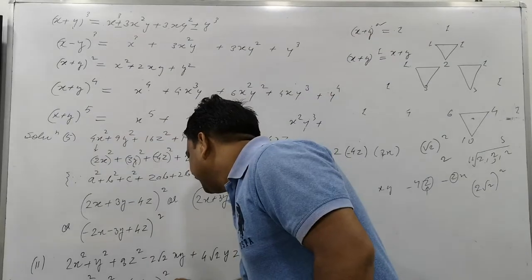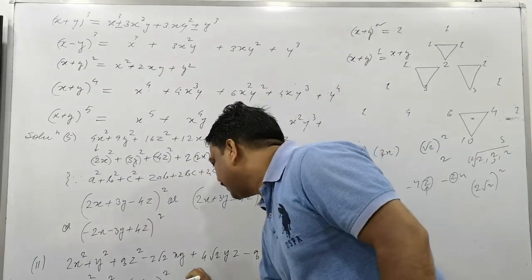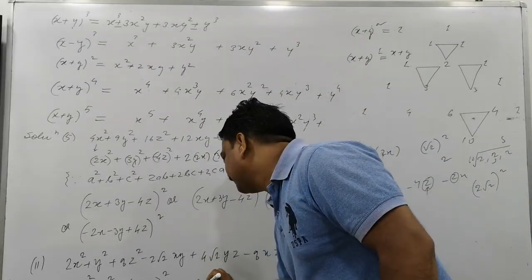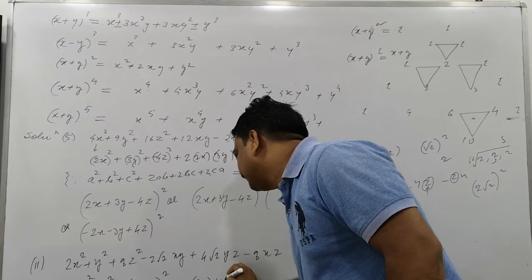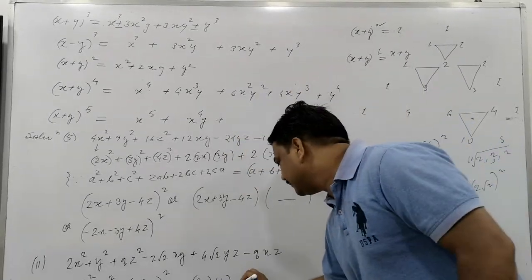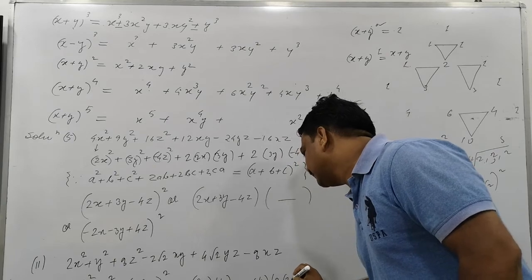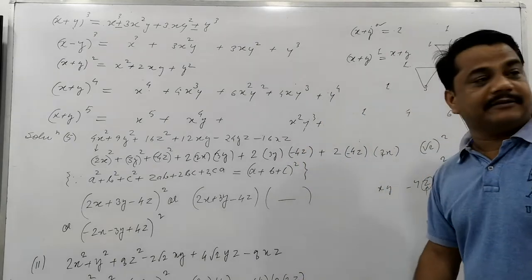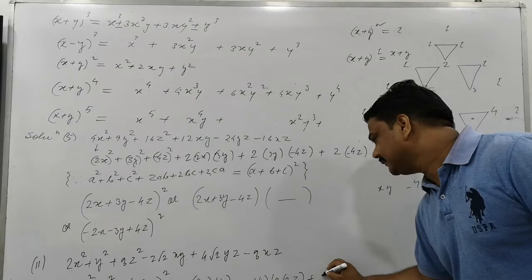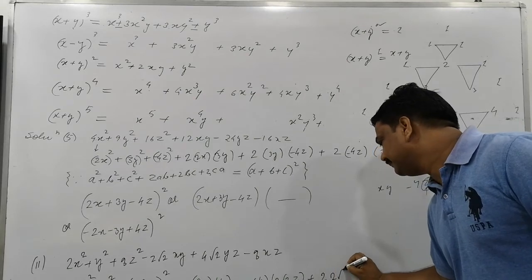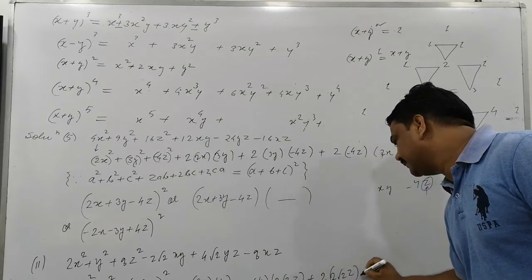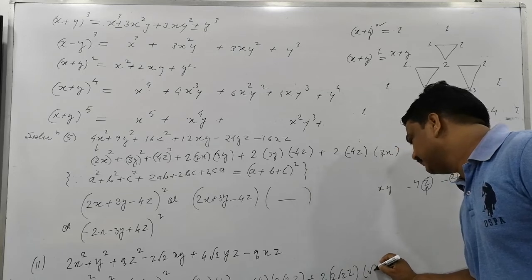Now next, you need to set twice the first term and second term. Next, twice the second term and third term. Is that clear? Twice the third term and first term. What is the first term?